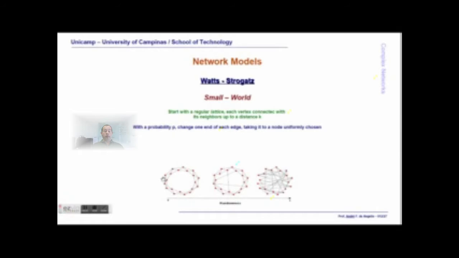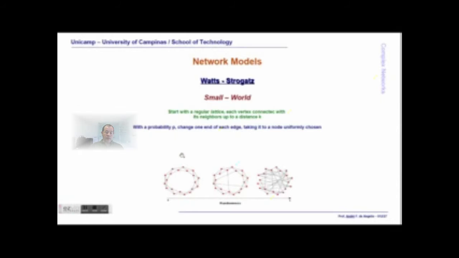And Watts and Strogatz proposed the recipe where I start with a regular lattice, we can see in this slide, and in this lattice, each vertex is connected with its neighbors, we can see here, up to distance k.